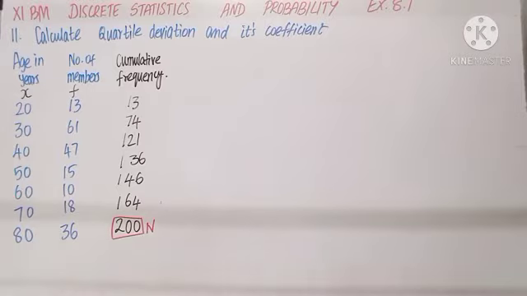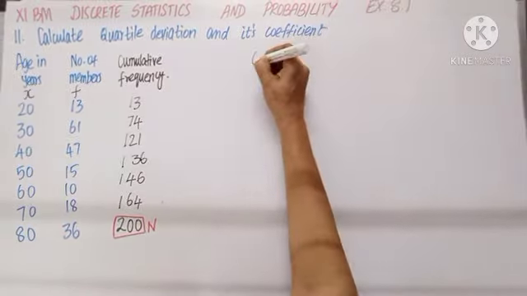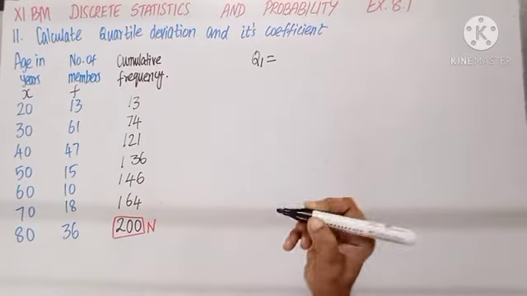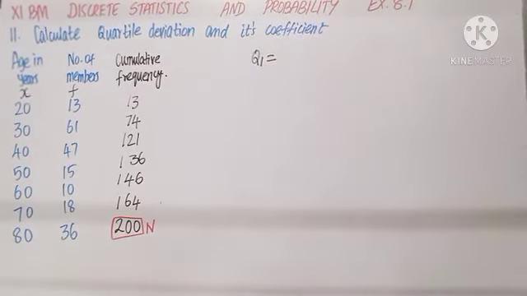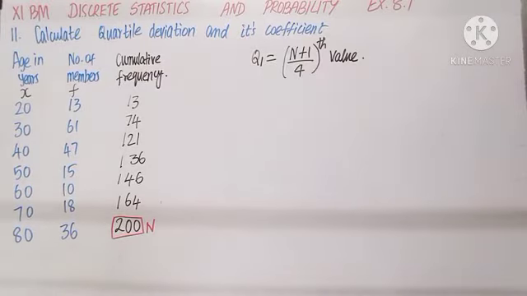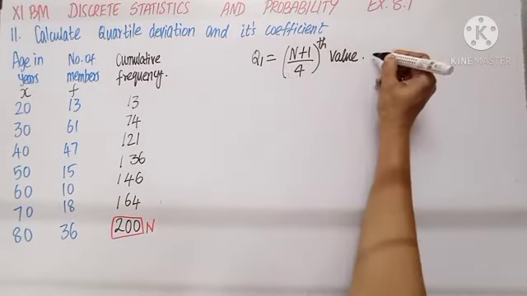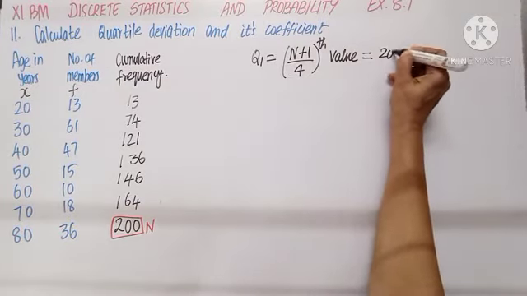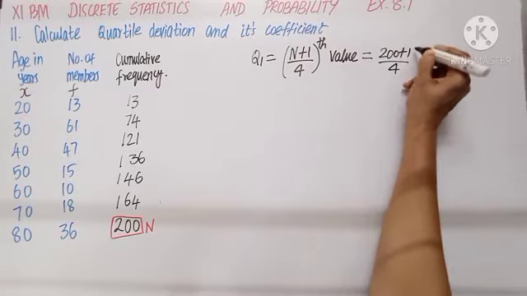To calculate the quartile deviation, we need to know Q1 and Q3, and then only we can substitute. What is Q1? The formula is the (N plus 1) by 4th value. What is N here? 200 plus 1, by 4.